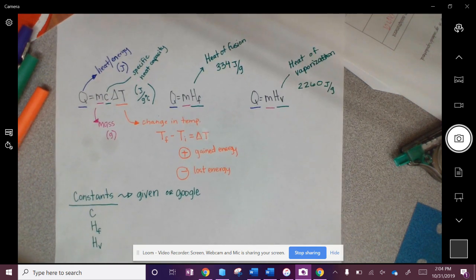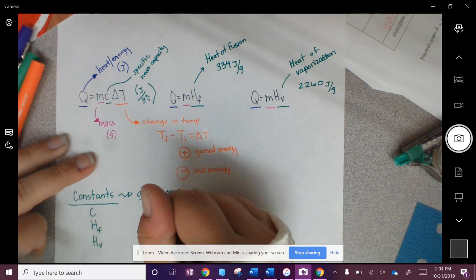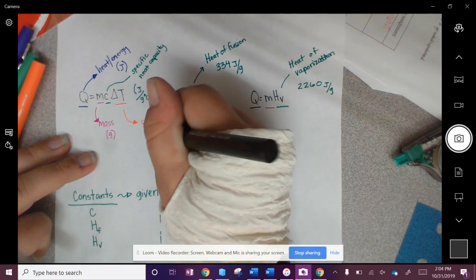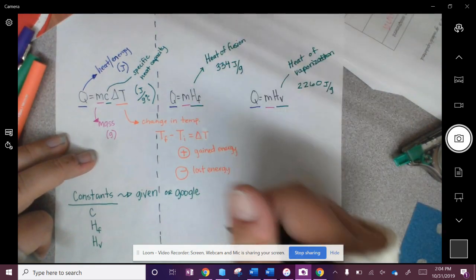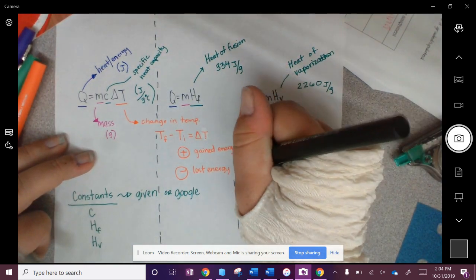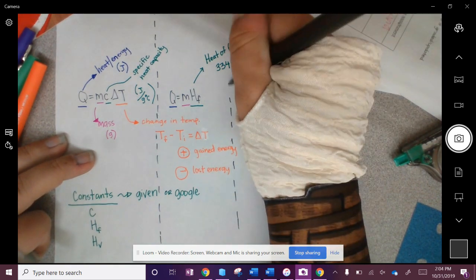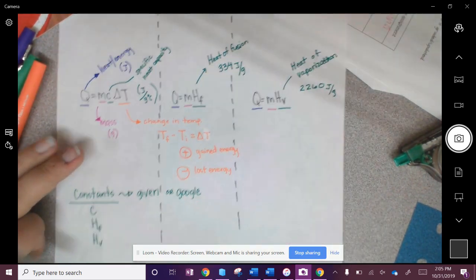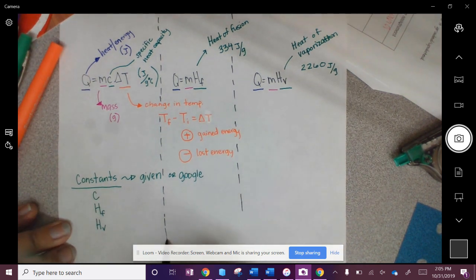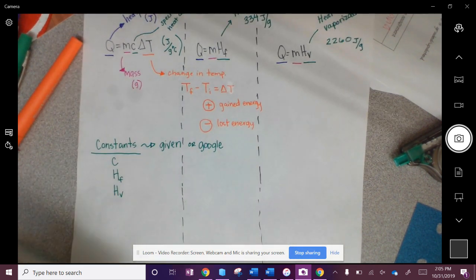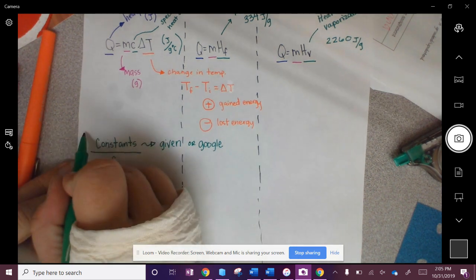So now we need to ask ourselves, okay, now that I know all this stuff, which one do I use and when do I use it? So if I'm reading a problem, when do I use this formula, that formula, etc. So I'm just going to split up the 3 sections because we have 3 separate equations.